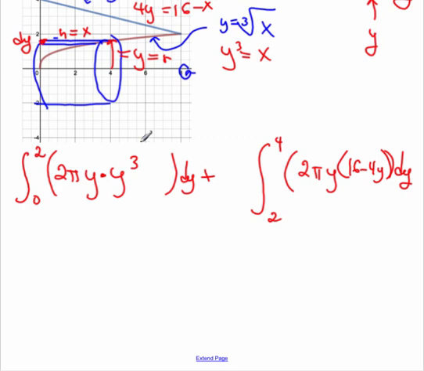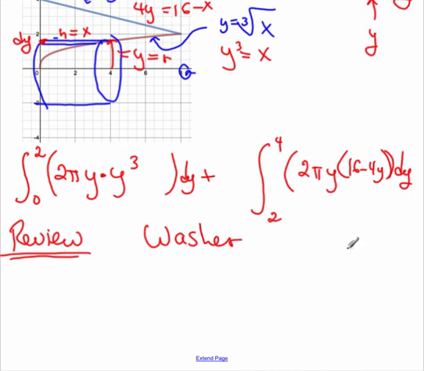And then what I'm just going to do, just as a review really quickly, is set up the same problem. We're going to use the washer method, because that was something that a lot of you are making a mistake on. So when you find the volume of the washer, I just want to emphasize again, it's pi times the outer radius squared minus the inner radius squared.